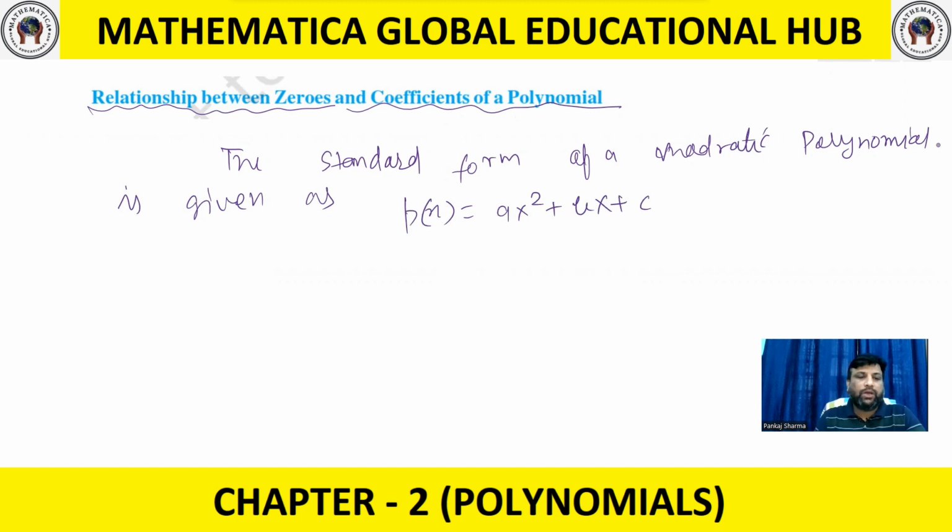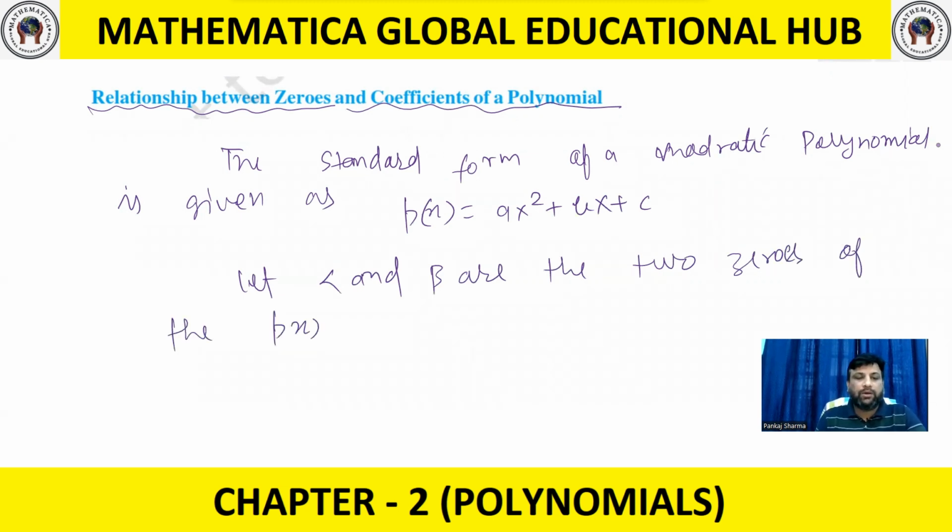Yes, so let alpha and beta be the two zeros of the quadratic polynomial p(x). Here we can say that alpha plus beta, the sum of the roots taking one at a time, is minus b by a.